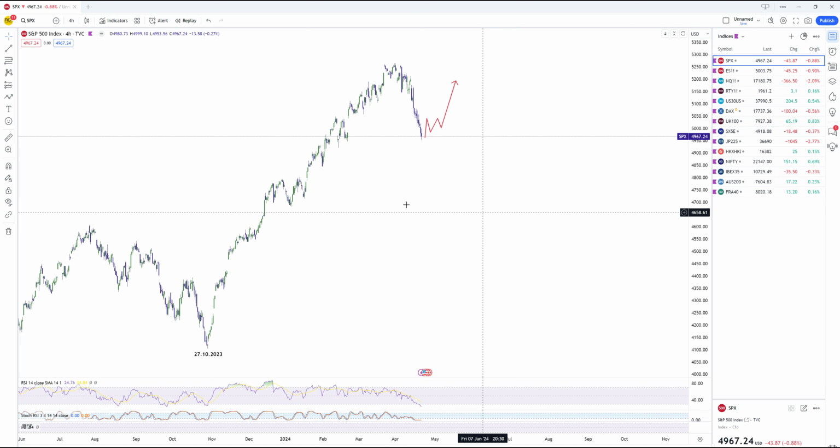For the SPX, the S&P 500 cash index, we are expecting to start seeing a reaction to the upside after this pullback. This pullback was to correct the cycle from the 27th of October 2023. So from here we are expecting at minimum a decent bounce to retest the 5200 area, which is this gap over here.